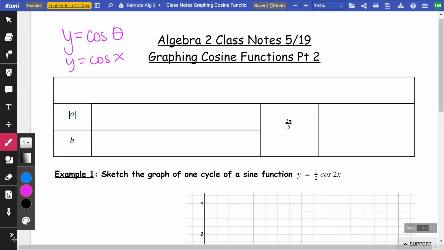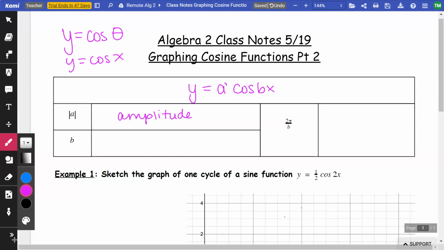So we're going to be graphing cosine equations or cosine functions given an equation in the form of y is equal to a times the cosine of bx. So a, again, the absolute value of a, just like with our sine functions, is going to represent the amplitude of the function.